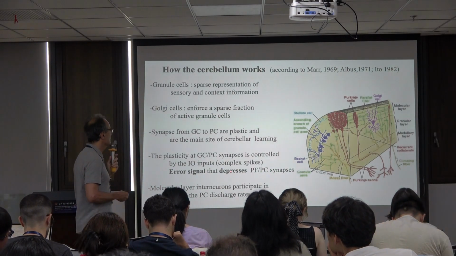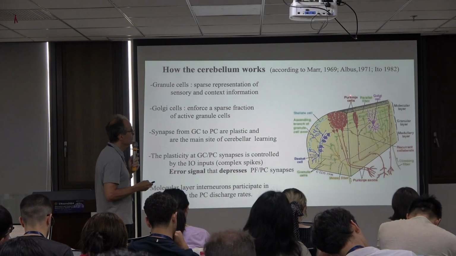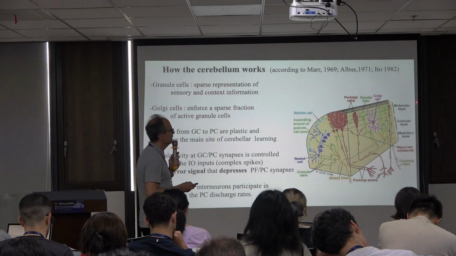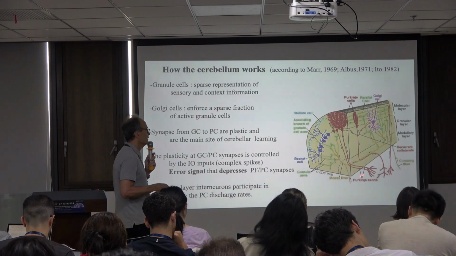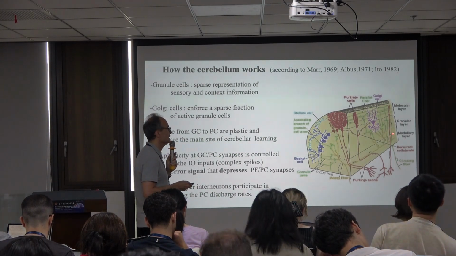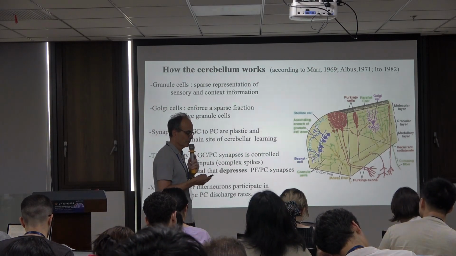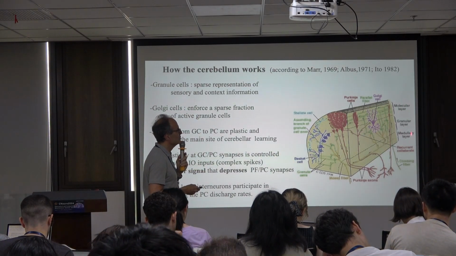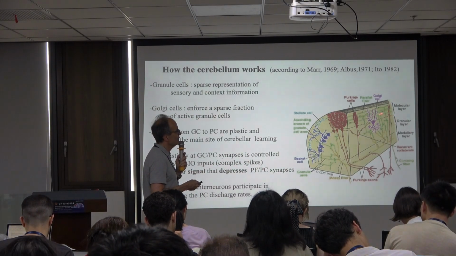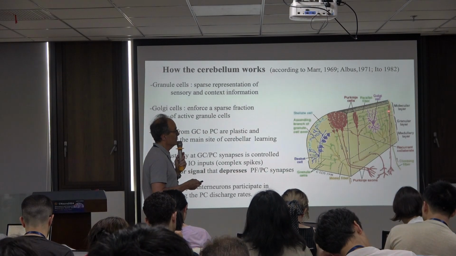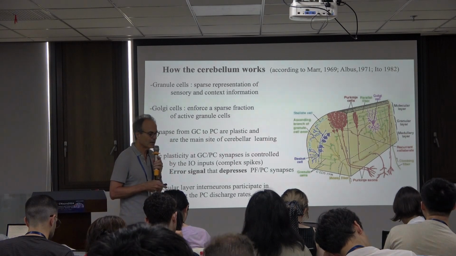At the beginning, what Marr proposed was that the climbing fiber was driving the Purkinje cell to fire, and in the course of time this was replaced by firing due to input to the parallel fiber.